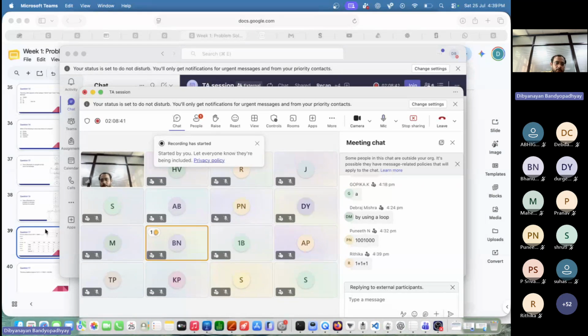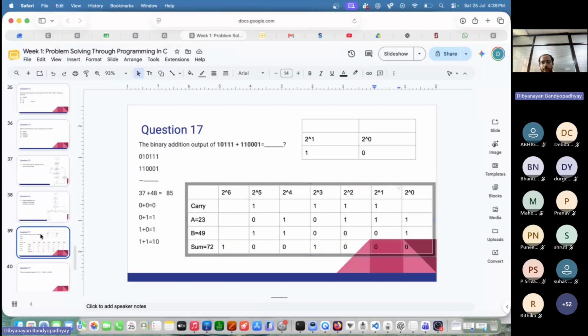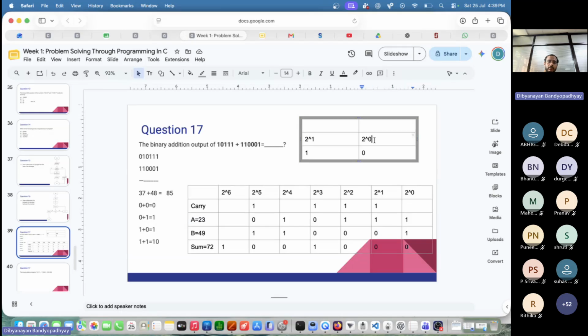Yeah, 1 plus 1 plus 1. Let me explain it actually. So let's suppose this is 1, then how to handle it? Then I can see this table. So if it is 1, let's say, then 1 plus 1 plus 1 means 3 actually, right? So you have to represent 3 in a proper way. So how to represent it?